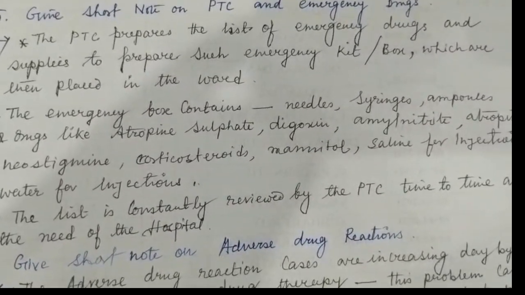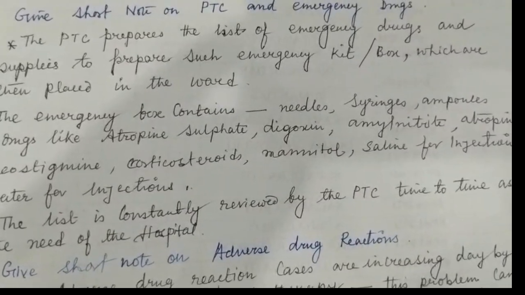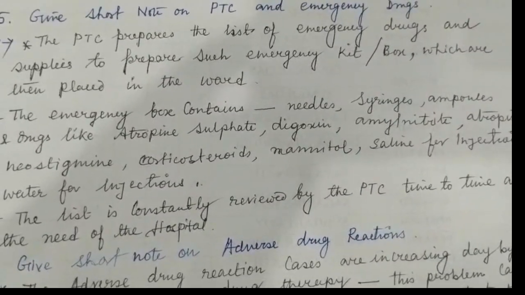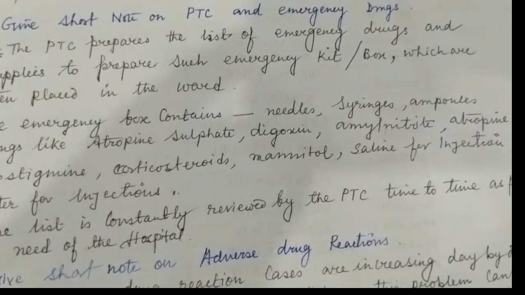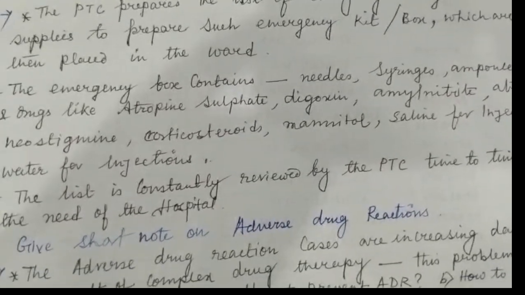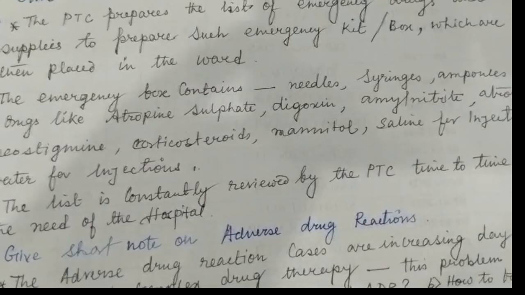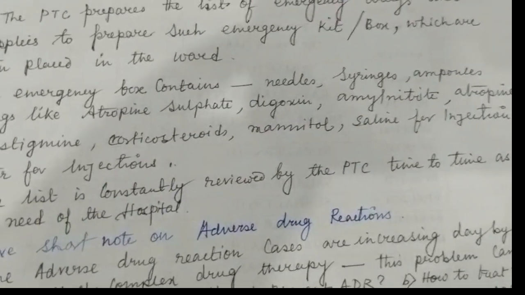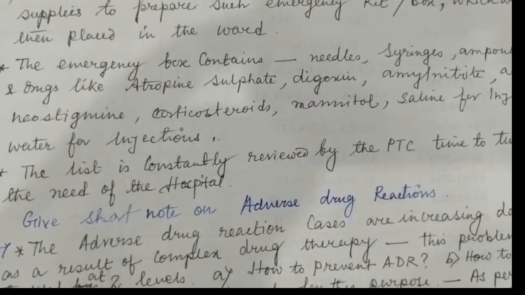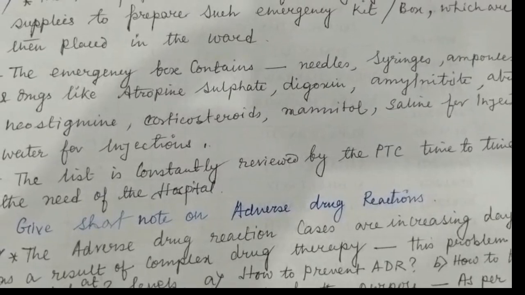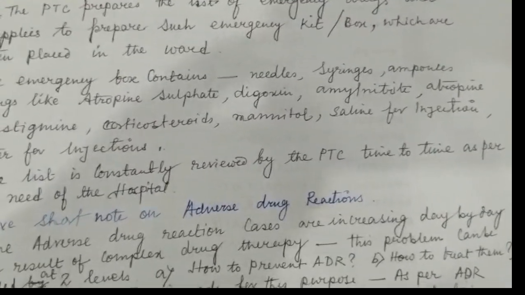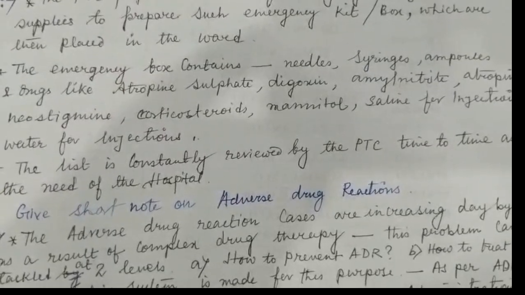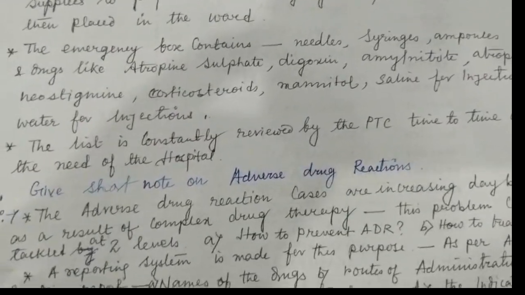The emergency box contains needles, syringes, ampules and drugs like atropine sulfate, digoxin, amyl nitrate, atropine, neostigmine, corticosteroids, mannitol, saline for injection, water for injection. The list is constantly reviewed by the PTC from time to time for the need of the hospital.